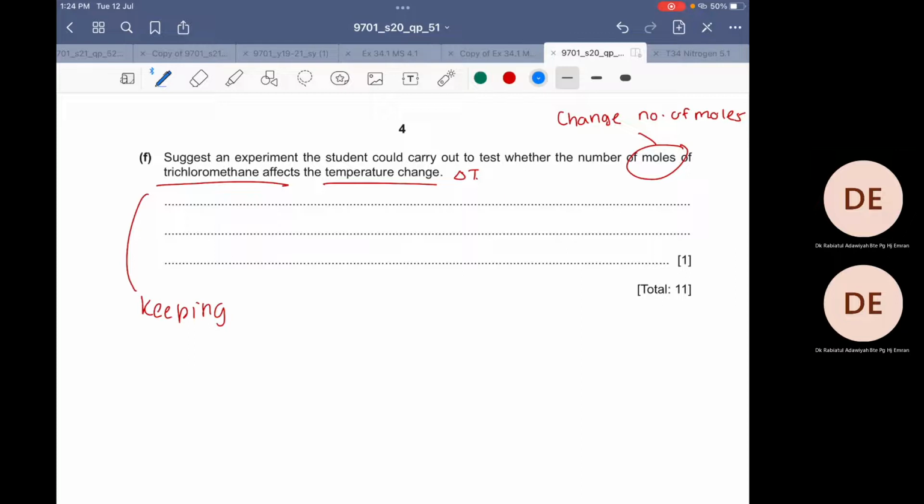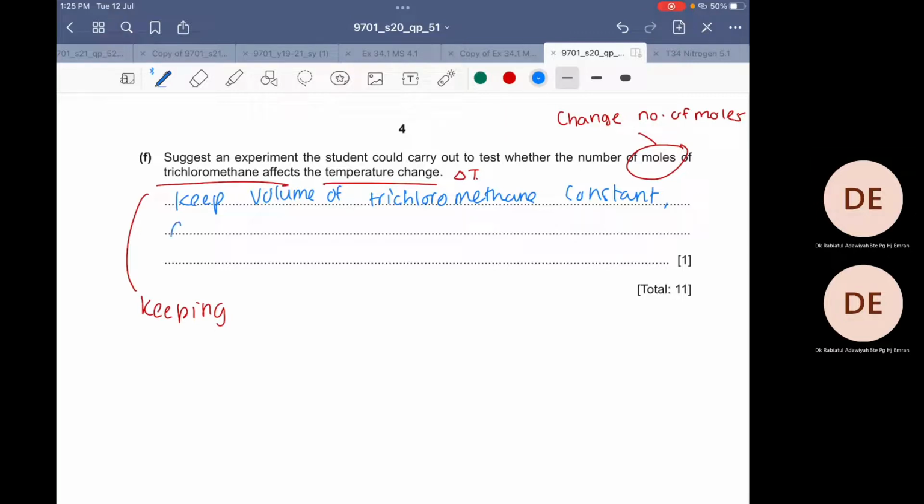But in the mark scheme, the answer is keep the volume of trichloromethane constant. You don't change the volume. But to change the number of moles is by changing the other one, the propanone.